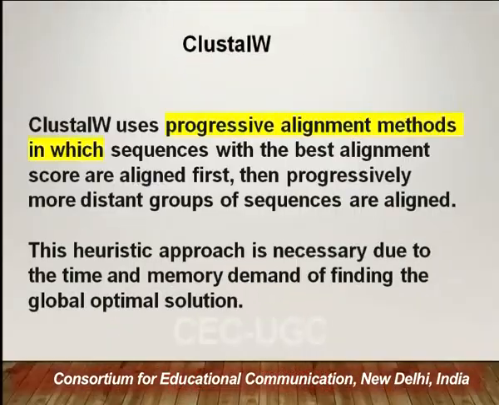So Clustal W, I already told you, uses progressive alignment methods, and it takes up the sequences with best alignment scores, and it aligns them first, and then it progressively reaches the more distant groups and tries to align those sequences.